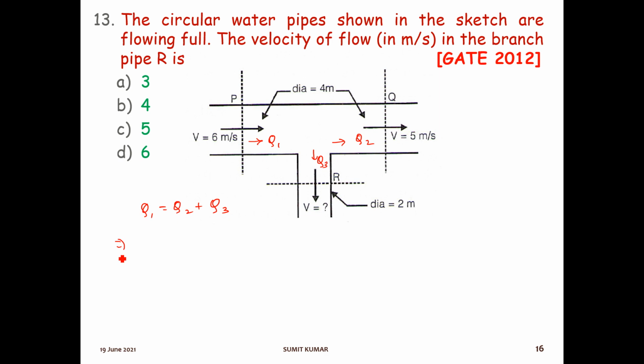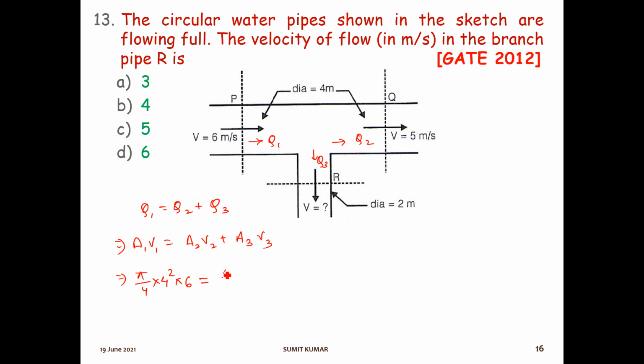Q1 is A1 V1, and Q2 is A2 V2 plus A3 V3. Since this is circular in shape, area will be pi by 4 into diameter square. Diameter is 4 meter, 4 square, and V1 is 6 meter per second.